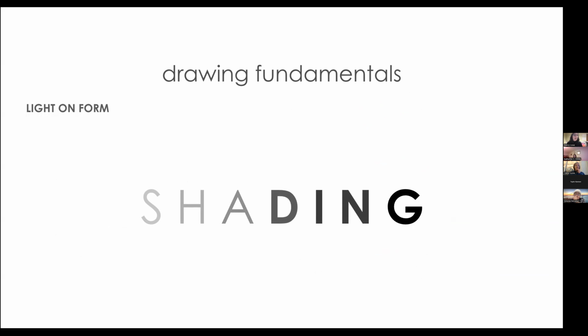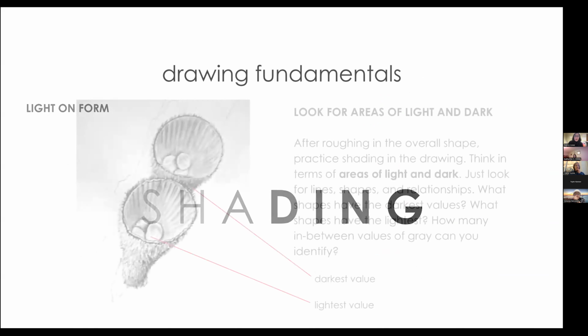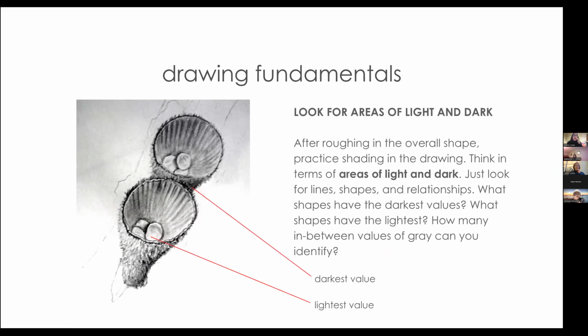And then finally, shading, just really paying attention to where the light is, one of the most important things, and breaking it down into what are the shapes of light and dark that you see.